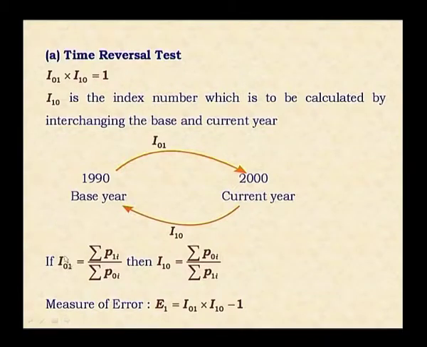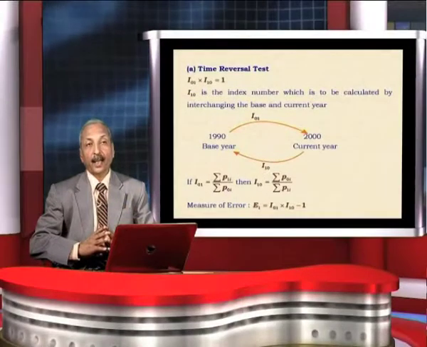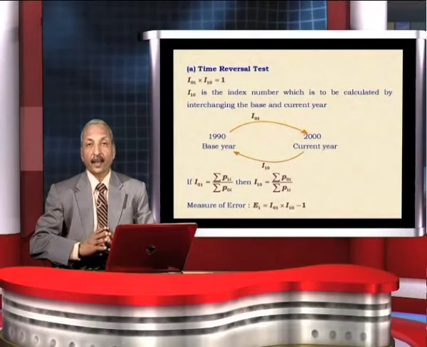So, if suppose I am using the simple aggregative index number, then we know that I01 is equal to sigma P1i divided by sigma P0i, and using the same formula the I10 will be sigma P0i divided by sigma P1i. So, that is the only difference, and we see that if we multiply this index number, that is I01, with I10, we see that it gives 1, that is, the simple aggregative index number satisfies this criterion.